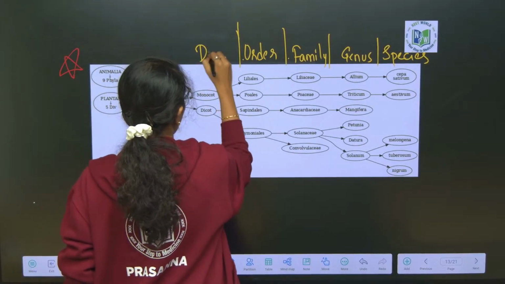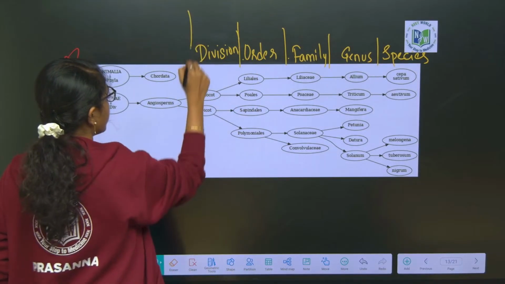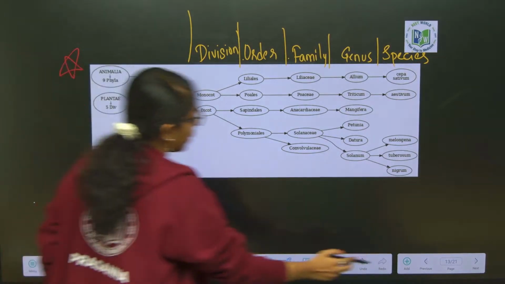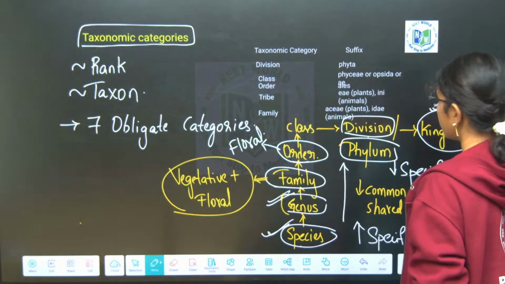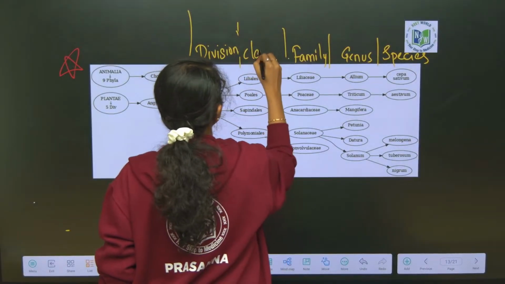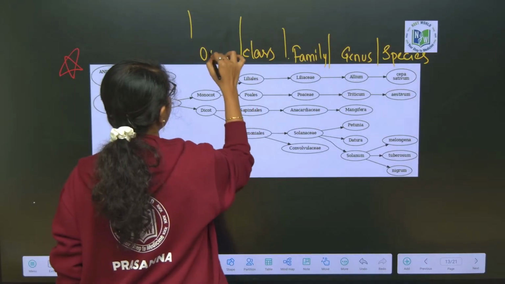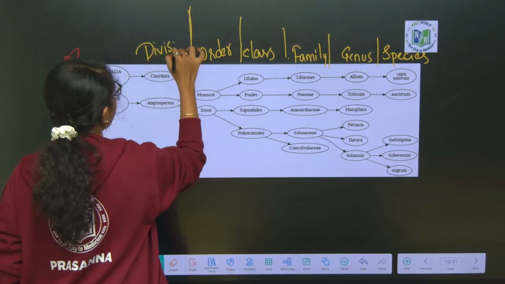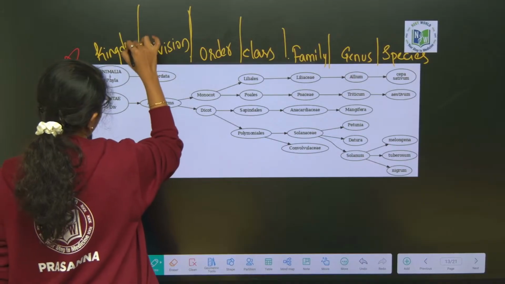As this is for plant kingdom, we can keep it here as division, and this is kingdom. Class, here it is order, division and kingdom. Now carefully see, beta.